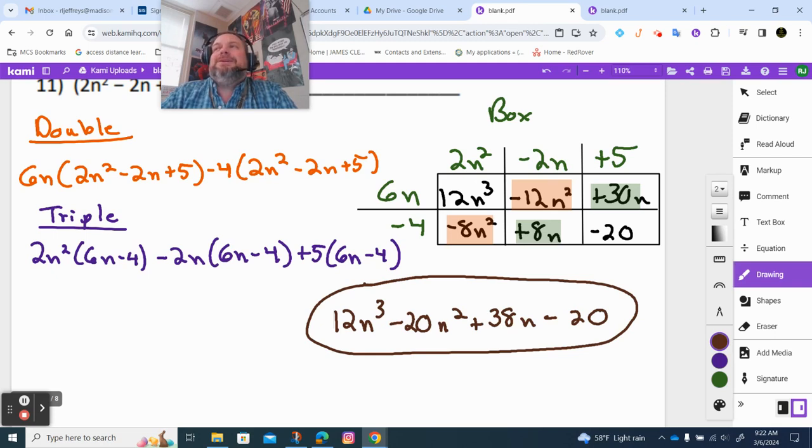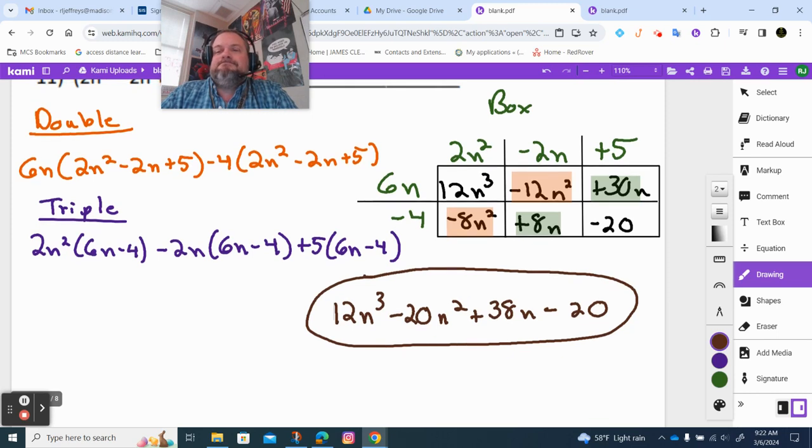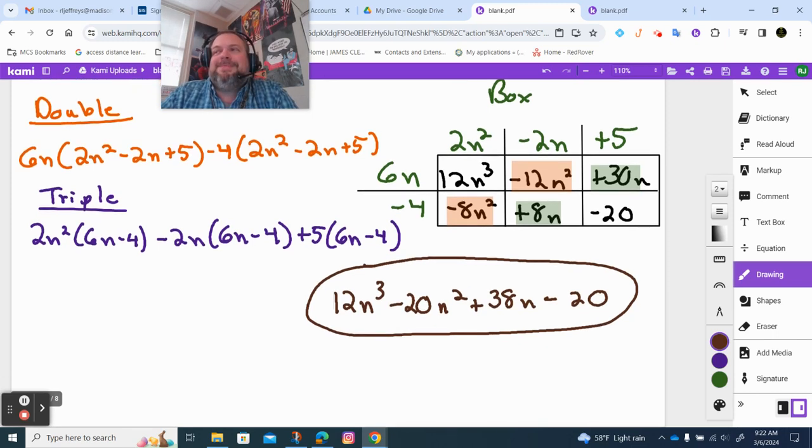Got you. So we had negative 4 times negative 2, we get positive 8n. That's this one right here. And then over here we had 6n times 5, so that gave us a positive 30n.